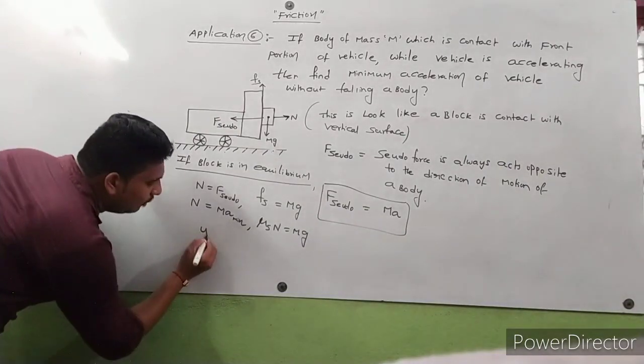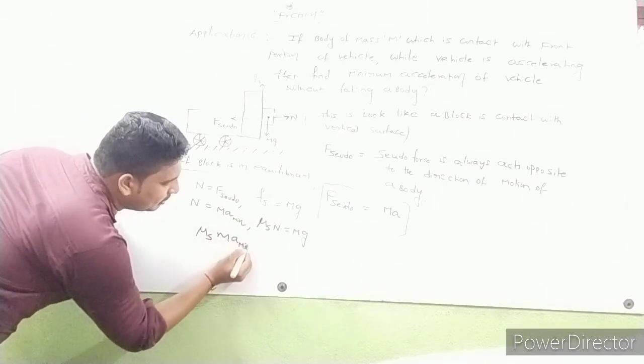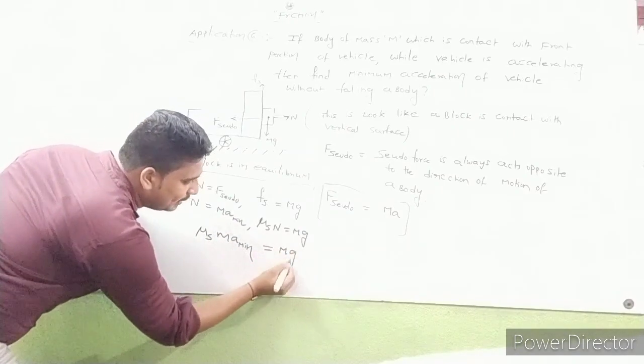From this, mu_s m a minimum is equal to mg.